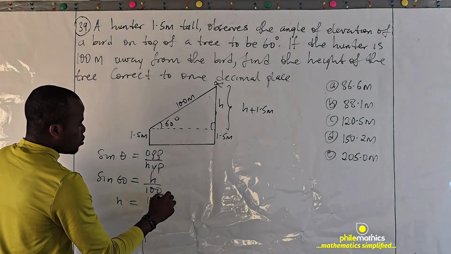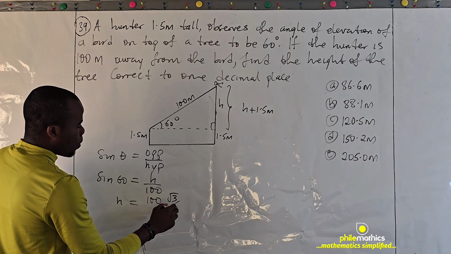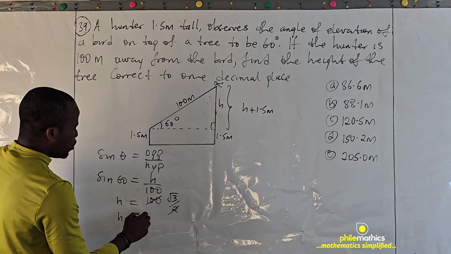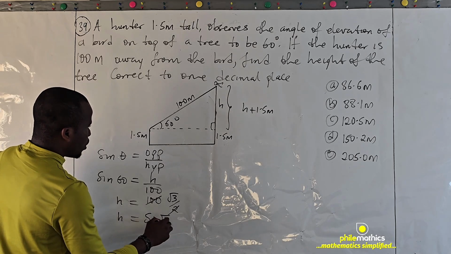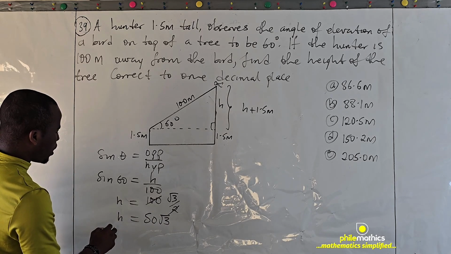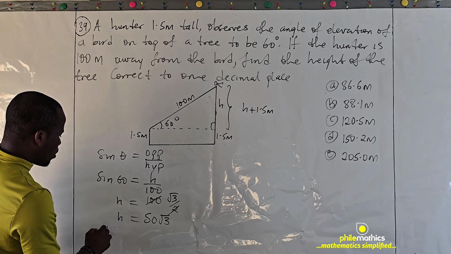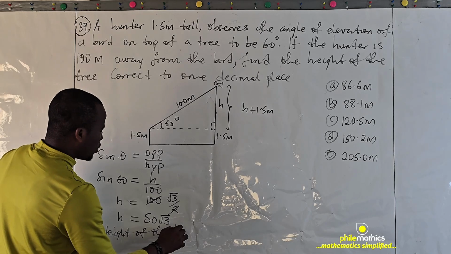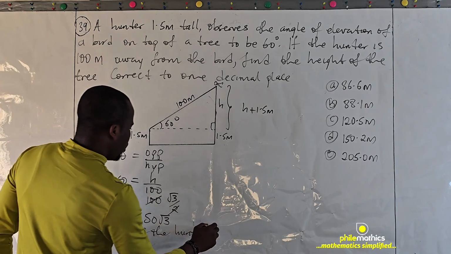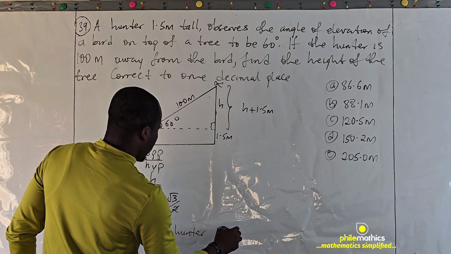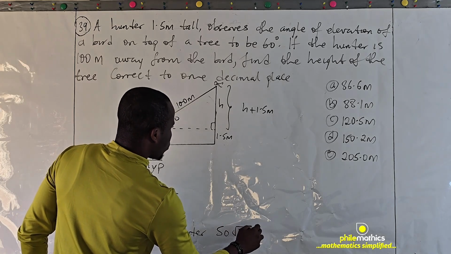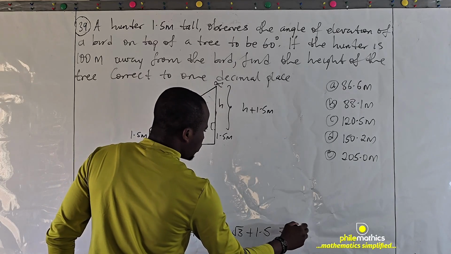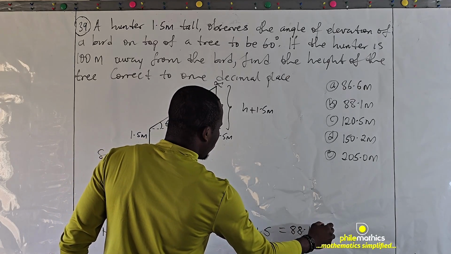Sine 60 is root 3 over 2, and 2 can go into 100 50 times, so h is 50 root 3. And so the height of the tree is simply 50 root 3 plus 1.5, and this will give us 88.102 meter, and that is B.